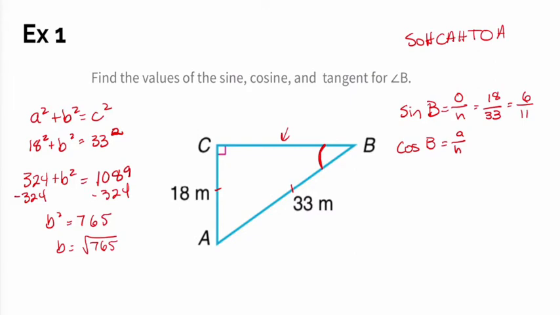I do not think that's a perfect square. It is not a perfect square. So we can leave it like this. We do want to simplify that. So we can simplify by making a factor tree.